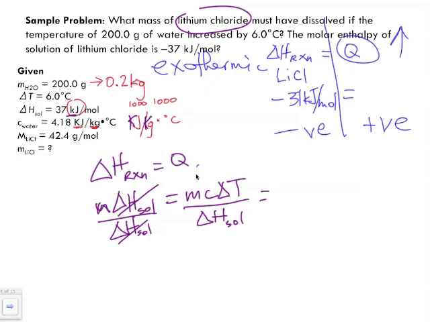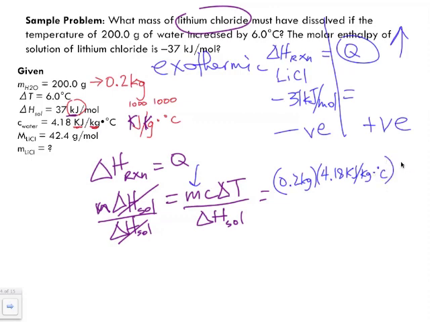Now the mass here is the mass of the water, right? Because this is part of our Q. So our mass of the water, 0.2 kilograms. Our C value, as we said, the specific heat capacity of water, 4.18 kilojoules per kilogram degrees Celsius.